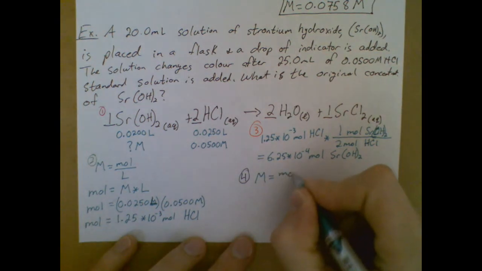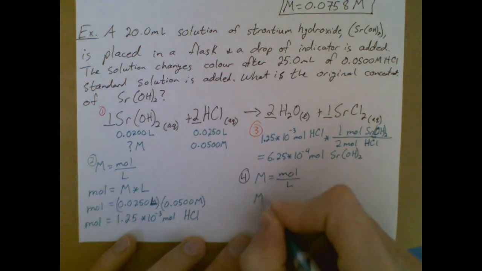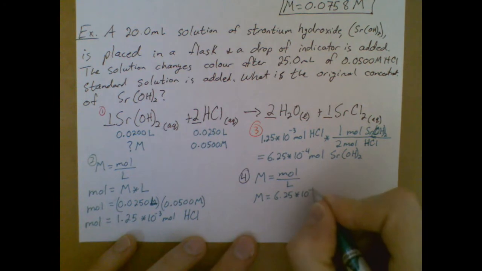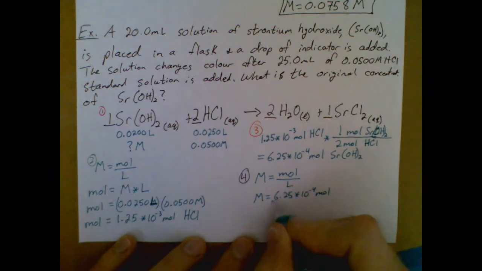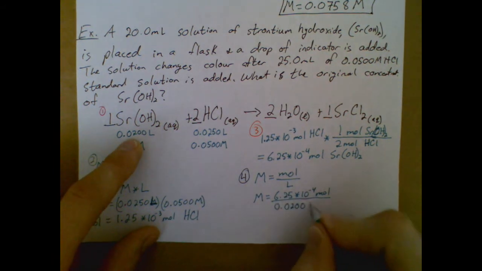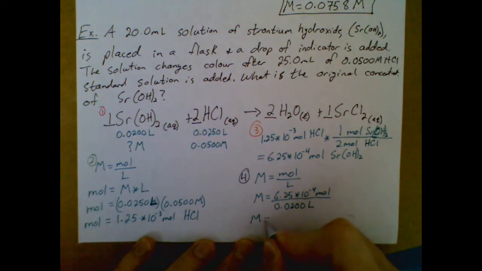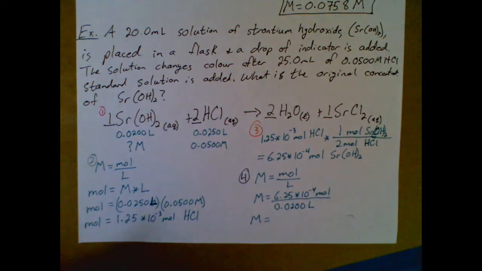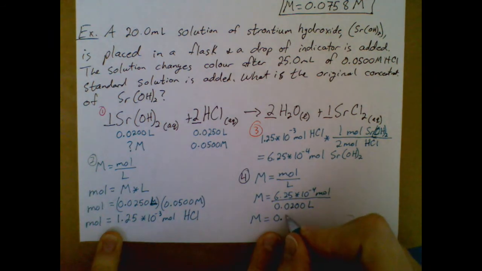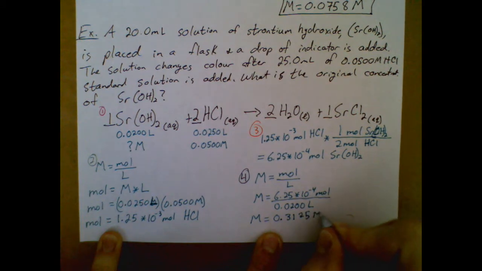Molarity is moles divided by liters. So it's going to be 6.25 multiplied by 10 to the minus 4 moles divided by my number of liters for strontium hydroxide, 0.0200 liters. All right, here's what we find. The molarity, 0.03125 molarity.